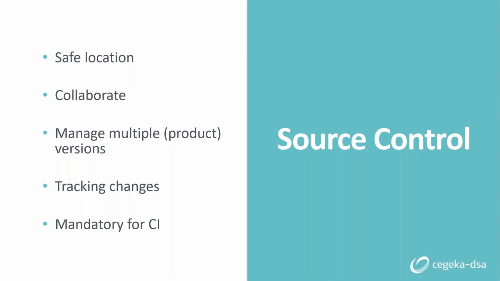You could imagine that multiple developers are working on the same source file, and if you don't manage that with proper source control, you will be overriding each other's changes or lose track of them. So it will assist you in merging changes from different people into one central location again.